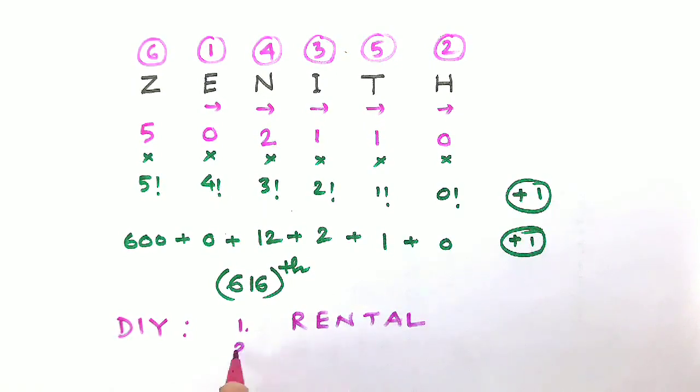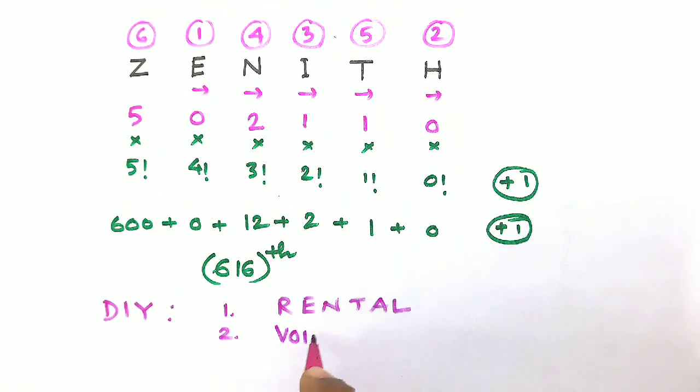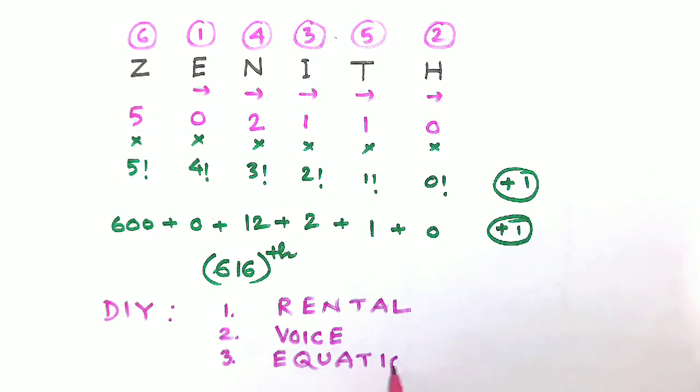Next, number 2, voice, V-O-I-C-E. Number 3, equation, E-Q-U-A-T-I-O-N. Friends, write the rank of the words in all possible ways, with or without meaning, in the dictionary.